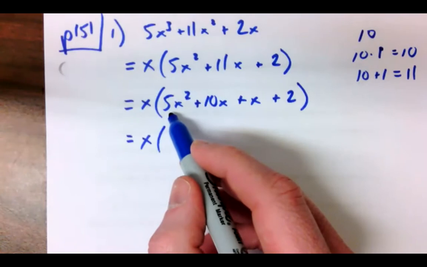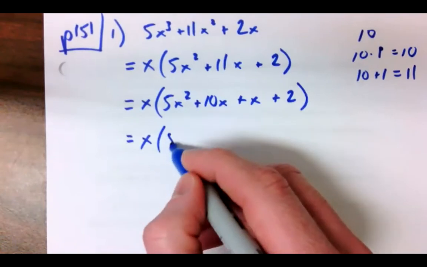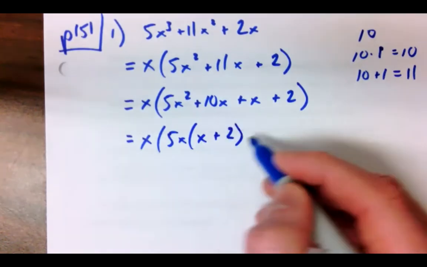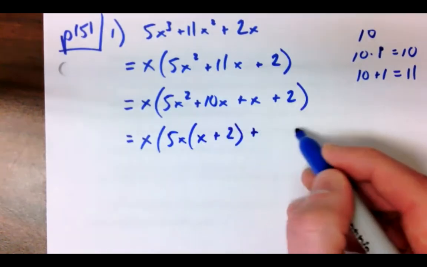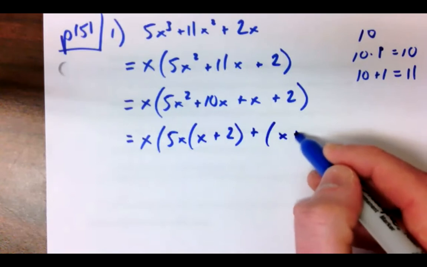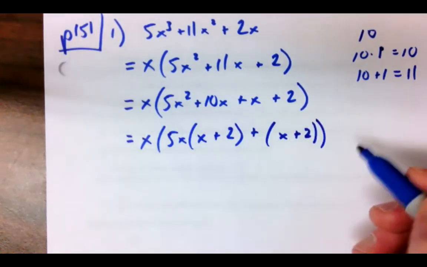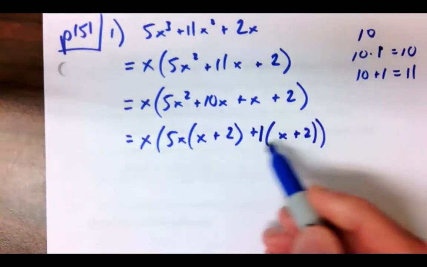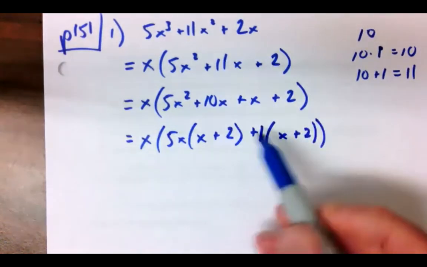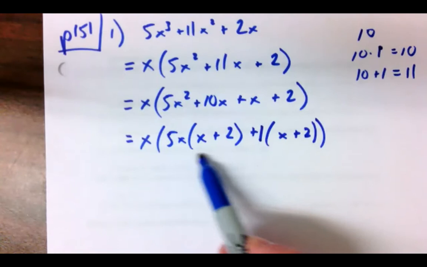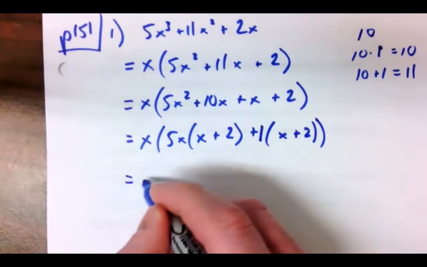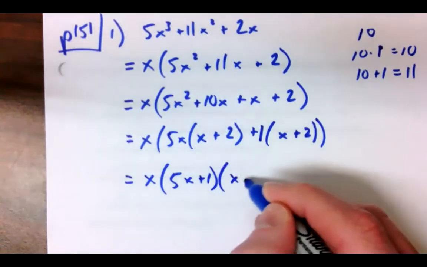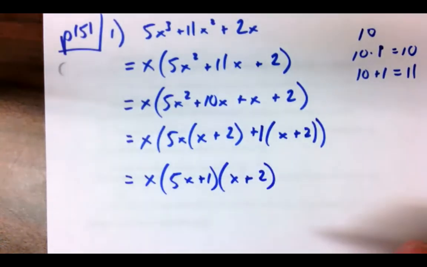So now I'm going to factor out a 5 and an x from these first two terms. 5x times x plus 2. Look at this. There's nothing to factor out of this other one. We just have x plus 2. What that means is this is a 1. We wouldn't normally write that down, but it's just to show that it's 5x plus 1 times x plus 2. That's it.